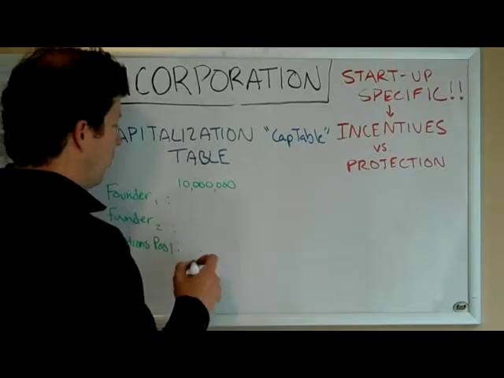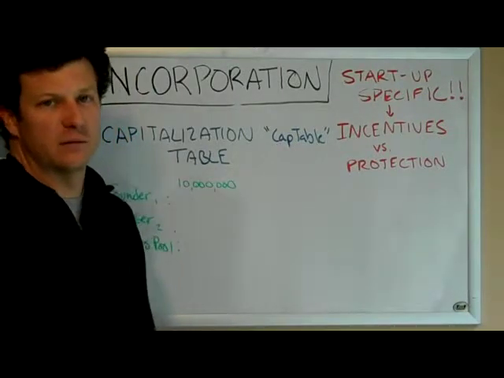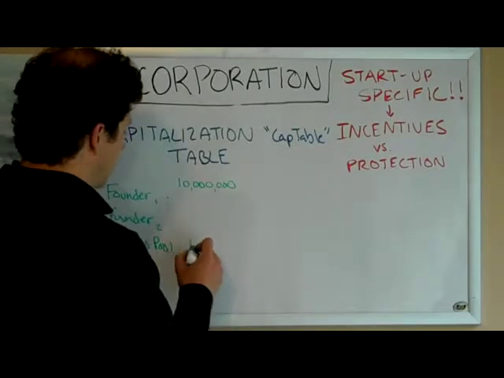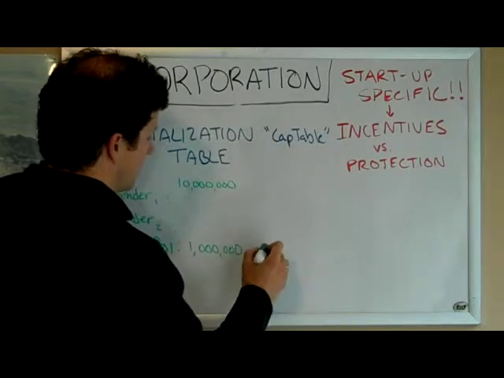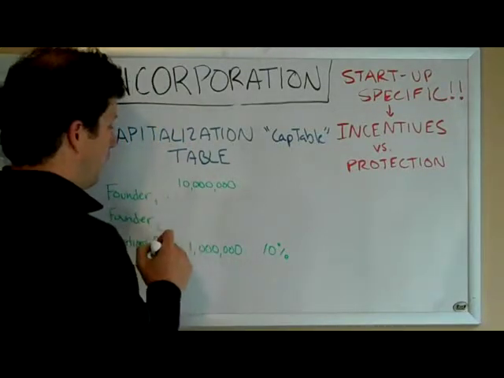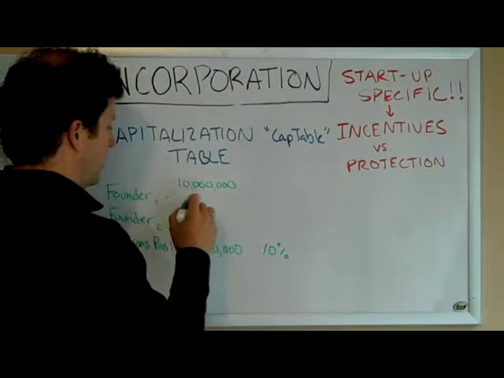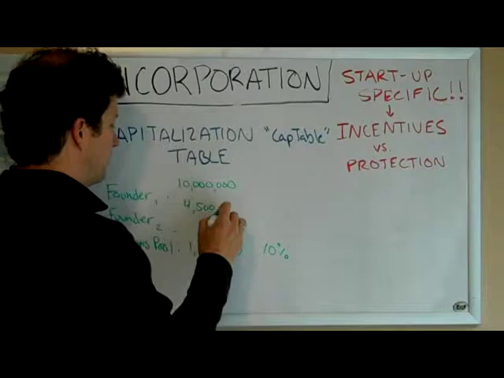The options pool, on the advice of your attorney, you made your options pool 10% of your company. So the options pool would represent 1 million shares. This is 10%. Founder number 2 and founder number 1 have split the rest of the shares, so you have 4.5 million shares each.